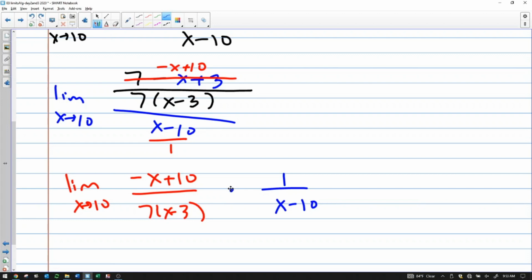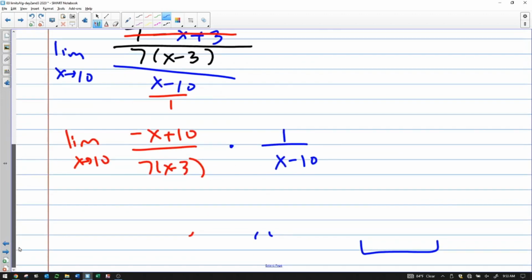You're going to have to make the bottom a fraction, so it's really x minus 10 over 1. And the reason for doing this is something's going to cancel out, but not quite yet, okay? Why can I not cancel out the negative x plus 10 and x minus 10? They're not exactly the same, unless I do what? Unless I take out a negative 1.